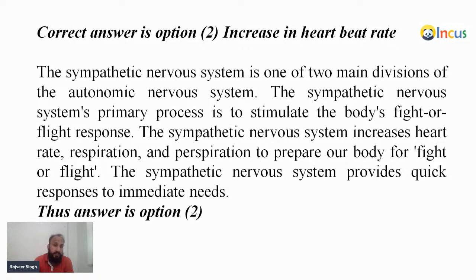Its primary process is to stimulate the body's fight or flight response, and you remember we solved the fight or flight question in yesterday's session. The sympathetic nervous system increases heart rate, respiration and perspiration to prepare our body for fight or flight. It provides a quick response to immediate need. So the answer will be second.